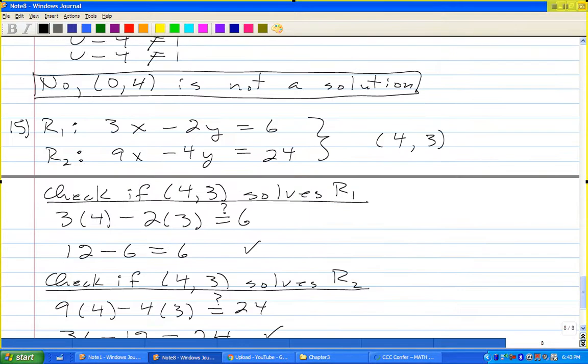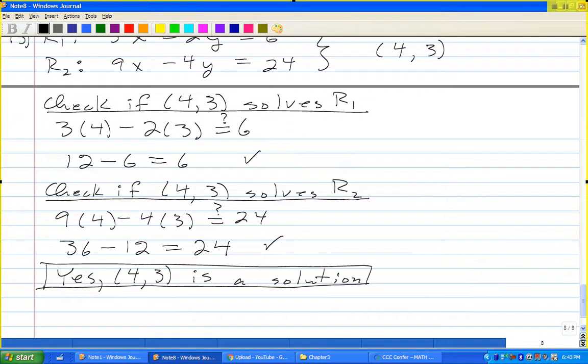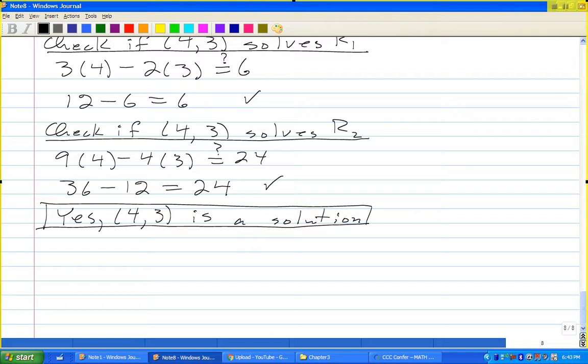Let me do problem number 17. Let's call this R1: 2x plus y equals -1.